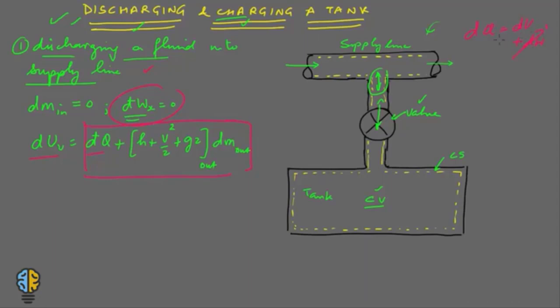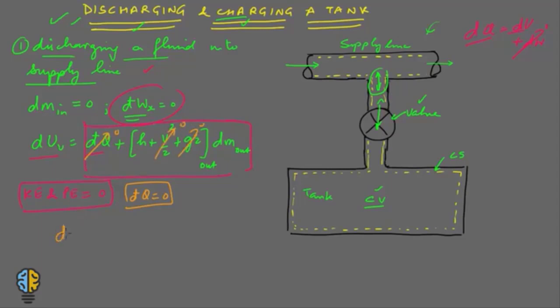So this is 0, dQ is equal to dU. Also we can assume that the kinetic energy and the potential energy of the fluid is very small, so it is 0. Alright, and we can say that the heat exchange is also 0. So we are assuming an adiabatic process, that of the discharging. Okay, so this is gone, this is gone, and this is gone.